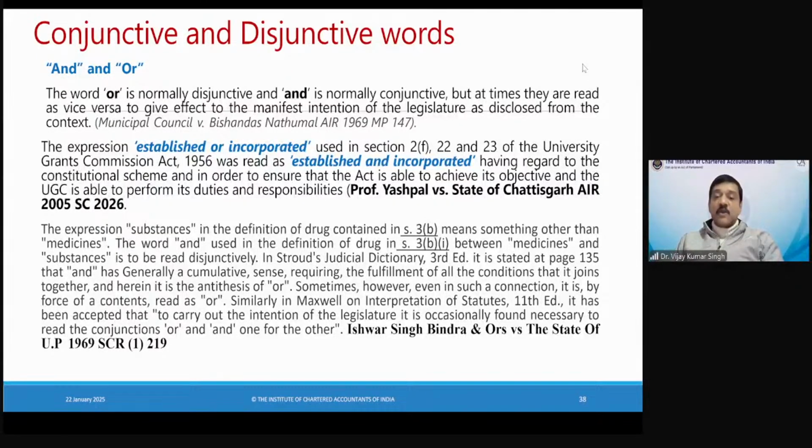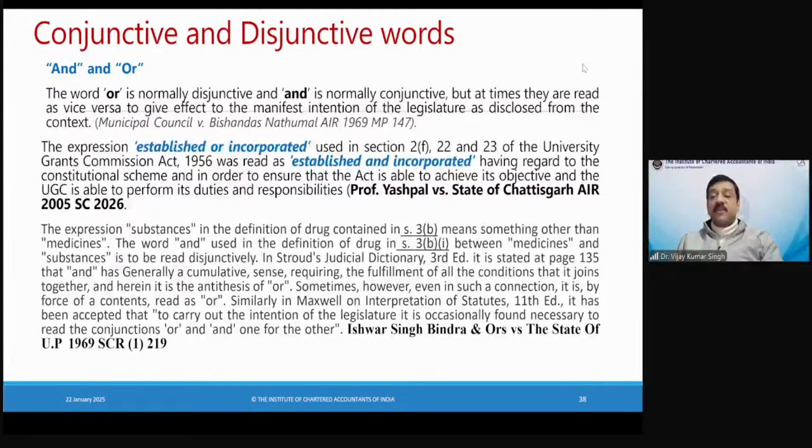And while referring to Stroud's Judicial Dictionary, this court said, "and" has generally a cumulative sense requiring the fulfillment of all the conditions that it joins together. And here is antithesis of "all". Sometimes, however, even in such a connection, it is by force of a context read as "or".